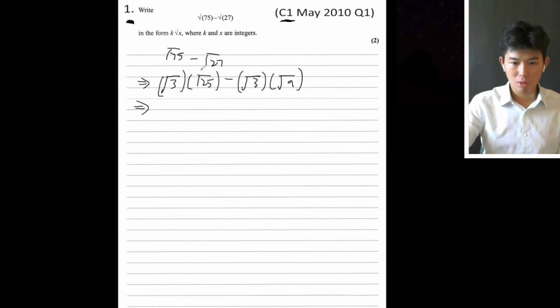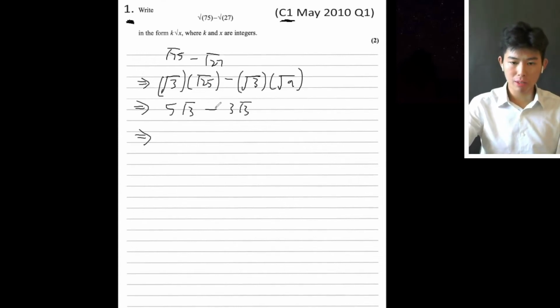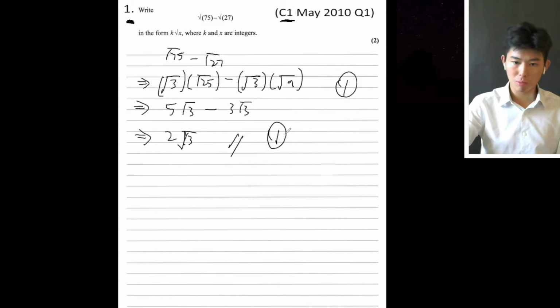Next, root 25 would be 5 root 3, minus root 9 would be 3 root 3, and 5 root 3 minus 3 root 3 would be 2 root 3. This is also in the form of k root x, so this one should be the answer. So 1 mark for the working step and 1 mark for the final answer.